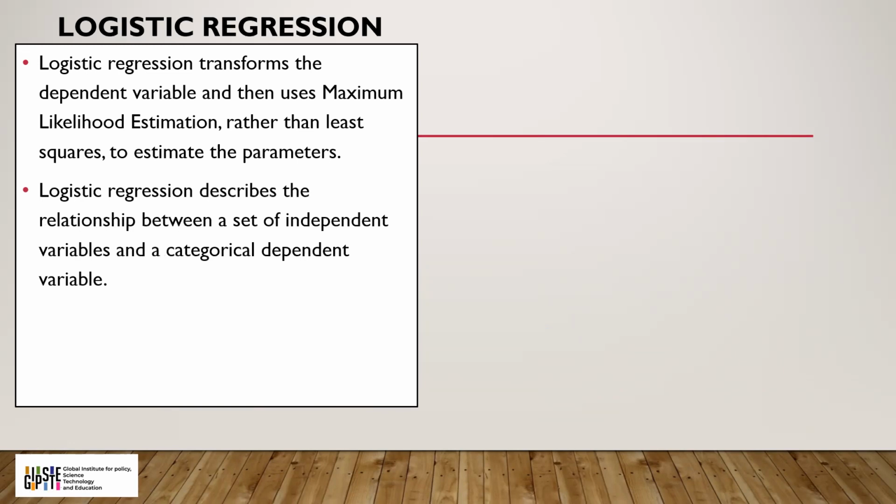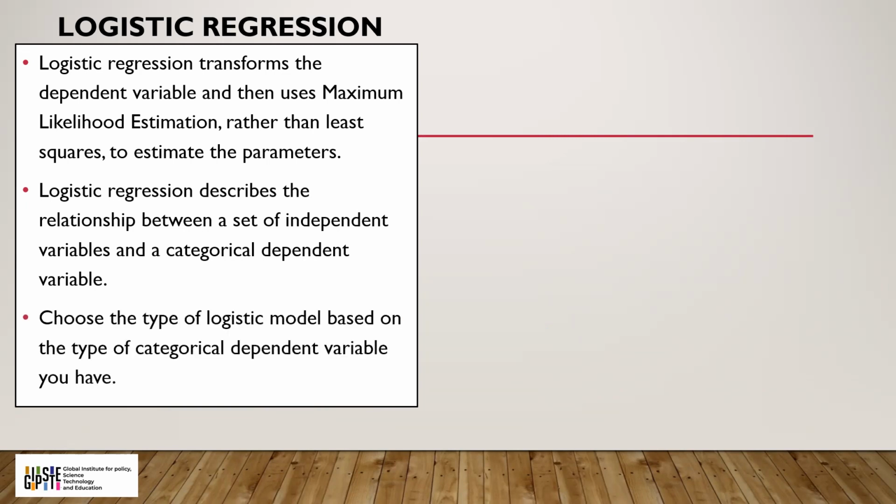Logistic regression describes the relationship between a set of independent variables and a categorical dependent variable. So as long as the dependent variable is categorical, you cannot use OLS or linear regression models. However, you can utilize logistic regression if it has a categorical dependent variable.